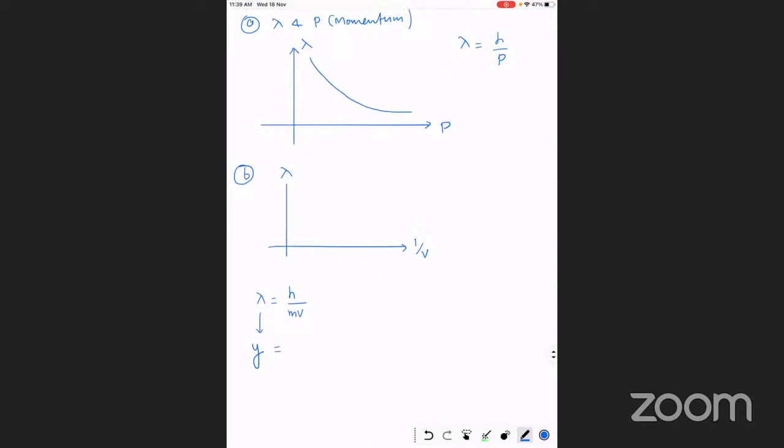And h by m is a constant, suppose it is k. In place of 1 by v, you can assume x, because you are taking 1 by v on the x-axis. So you get the equation y is equal to kx, or y is proportional to x. For this, you must get a straight line. Understood? Any doubt?